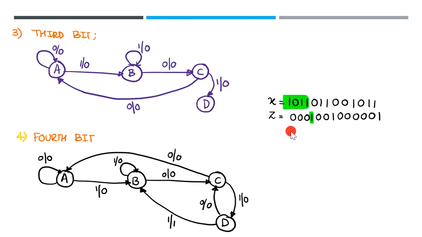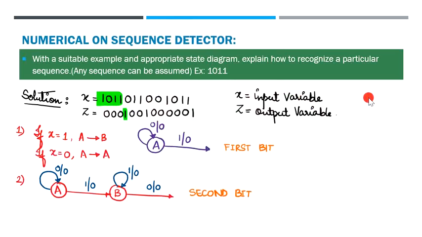So this problem or this numerical is very much similar to the previous one, wherein we are trying to identify or recognize a particular sequence from the bit string that is being provided.